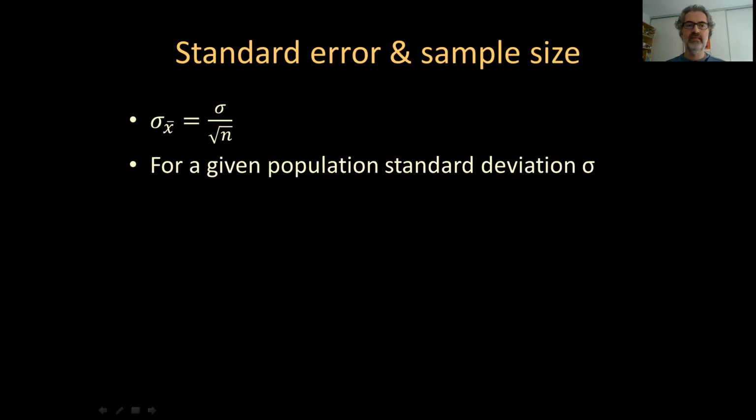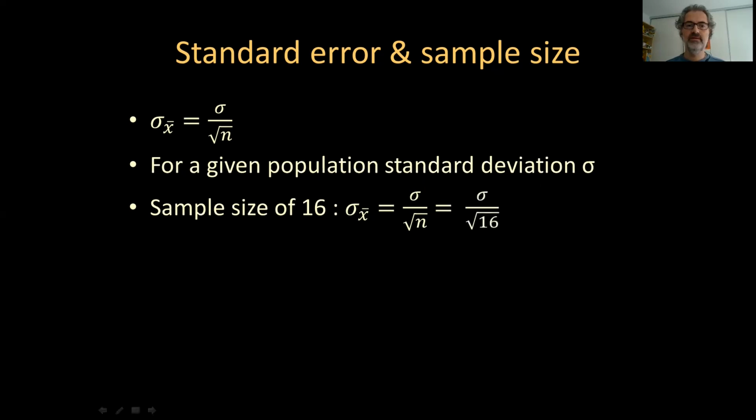For a given standard deviation, let's say we consider samples of size 16. So all the possible samples we can draw with size 16 will have a standard error equal to the standard deviation divided by the square root of 16, which is 4. So for sample sizes of 16, the standard error will be 1/4 of the standard deviation of the population.